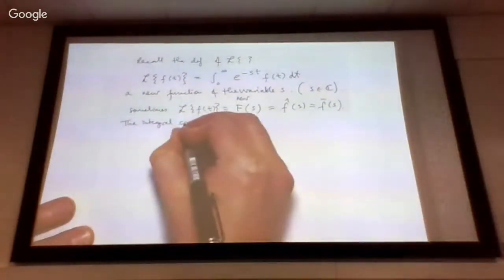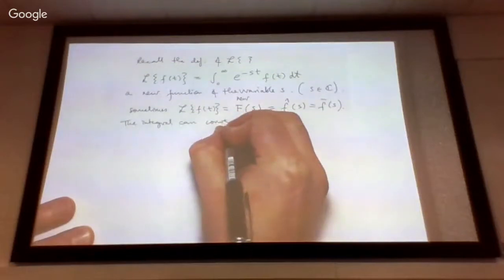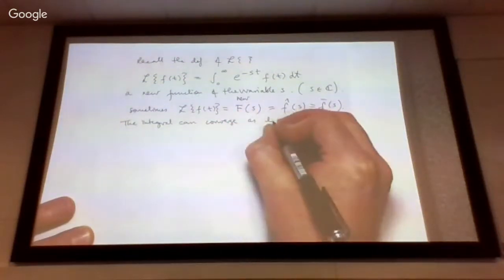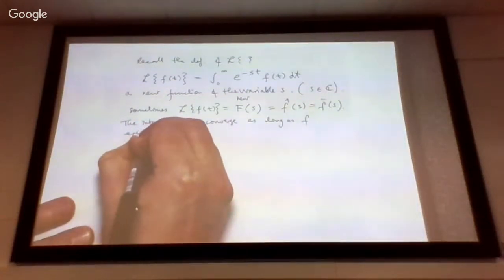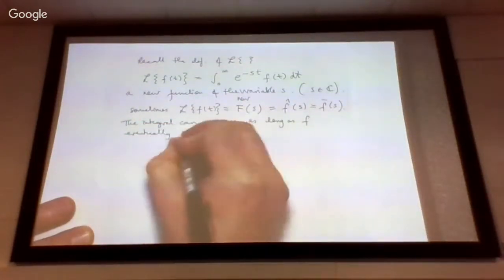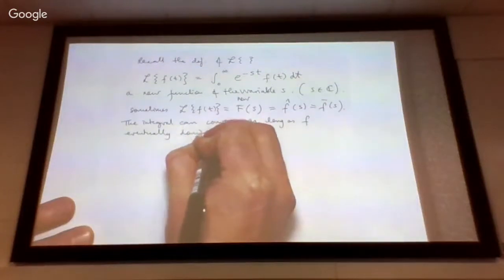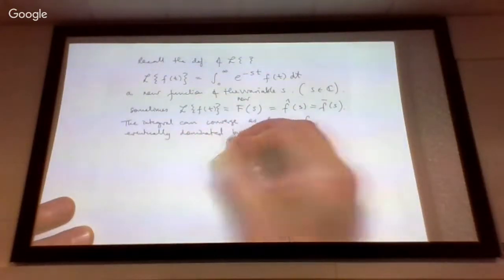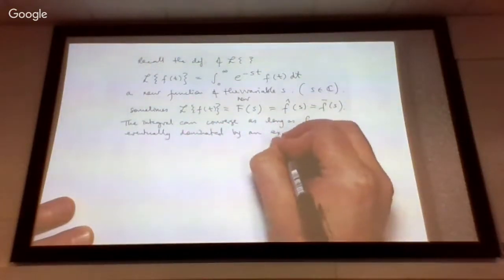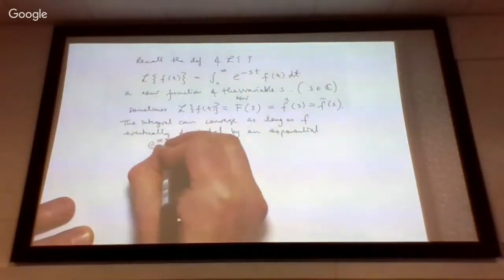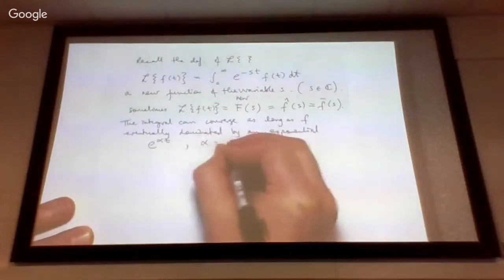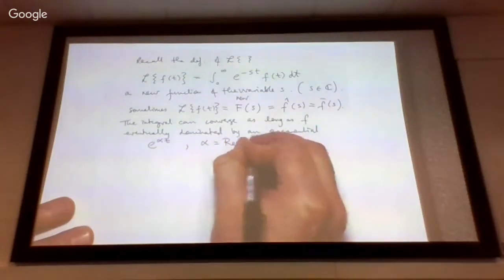And the integral can converge as long as the function f is eventually dominated, meaning less than, dominated by an exponential function e to the alpha t, where the thinking here is alpha is really the real part of s.